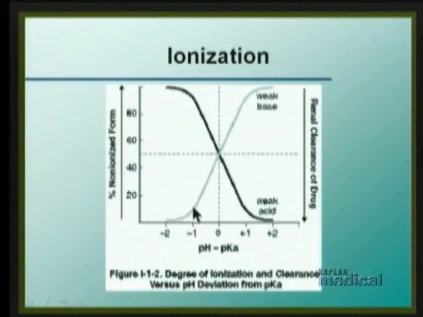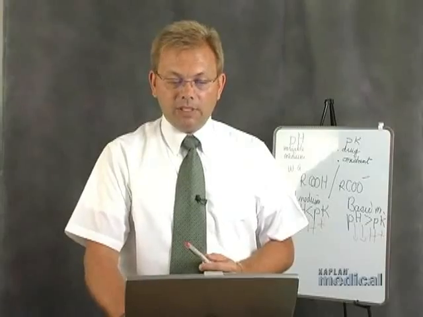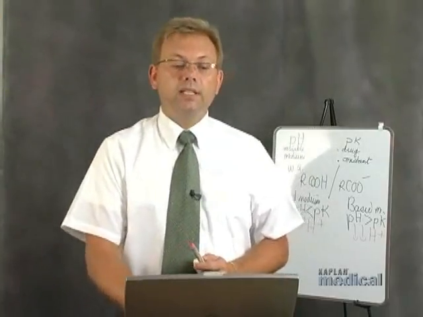Contrast, as you go to the right of that diagram, you notice that the weak base is becoming more and more non-ionized the more basic the condition becomes. Of course, this decreases its renal clearance, but it improves greatly its permeation across membranes. Well, let's put this in words if you want.